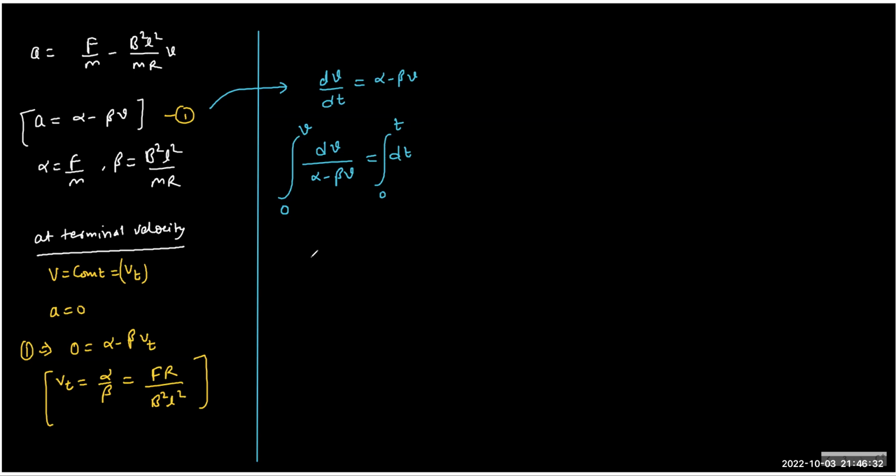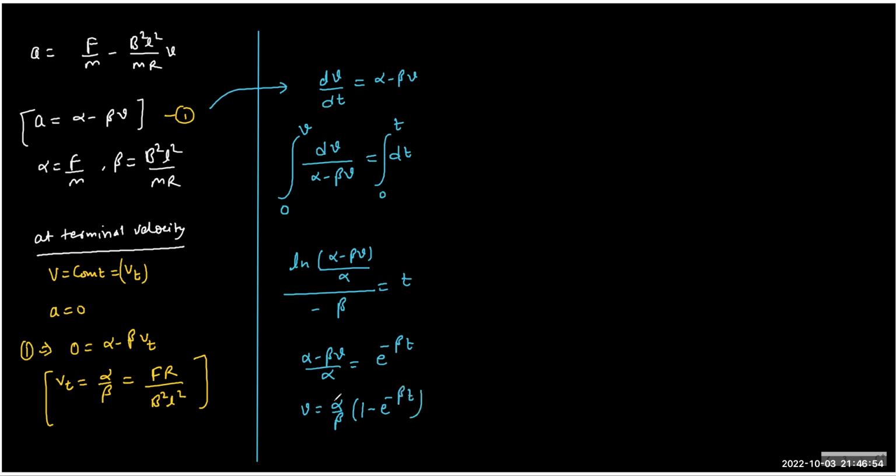So now we can solve. So ln of alpha minus beta v upon alpha is e power minus beta t. So the v turns out to be alpha by beta into 1 minus e power minus beta t. And this is a very famous answer.